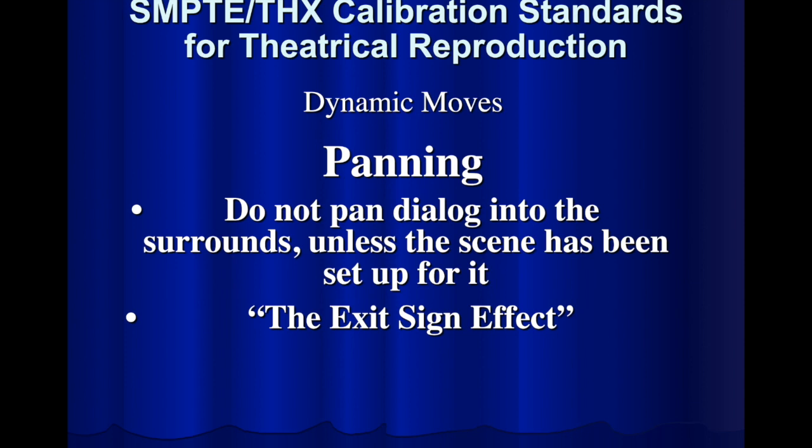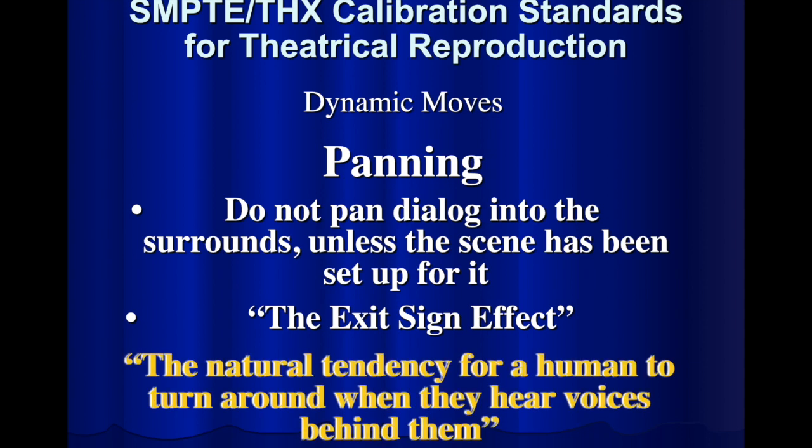If you've got group walla, you're at a cocktail party, you're in a New York street scene, people are going to be talking behind you. But if it's not set up that way, it creates the exit sign effect. And the exit sign effect is the natural tendency for a human to turn around when they hear voices behind them. It's really strange.